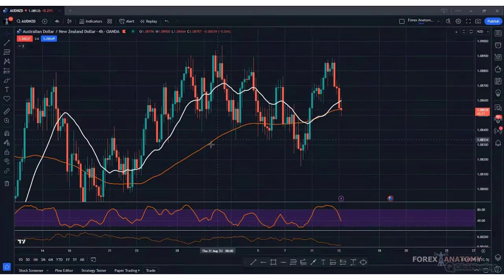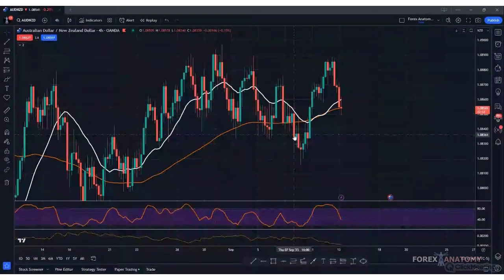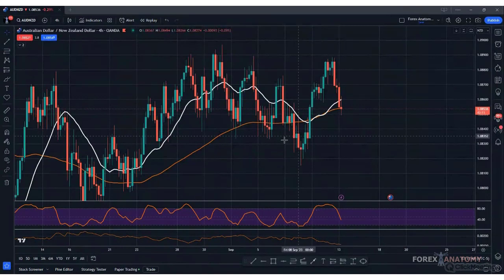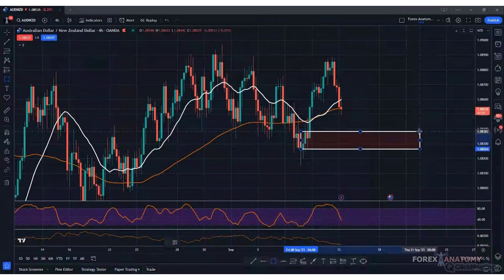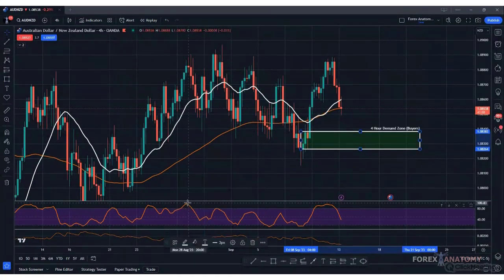It's pretty much trapped in a range for at least 2 weeks. So yeah, but anyways, let me do this before I move on. Let me make sure I identify these areas of potential demand right here. So we have 4-hour demand right around there.